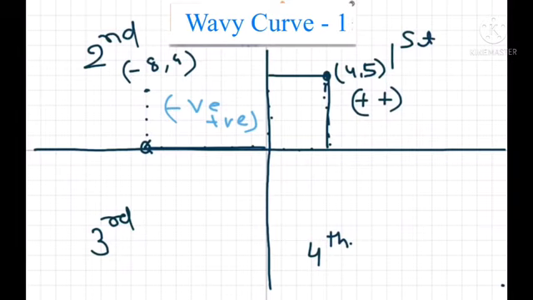Now let's see the third quadrant. You take any point in this quadrant, its x coordinate is negative and y coordinate is also negative. So both of them are negative. In the fourth quadrant, if you take any point, say this point, then the x coordinate is positive but the y coordinate is negative. This is very important.